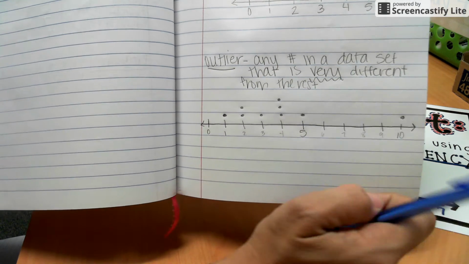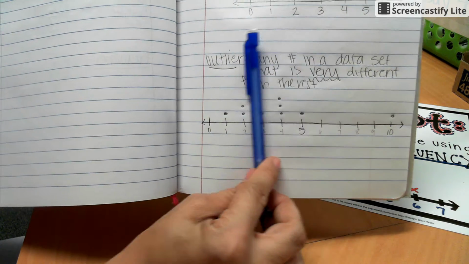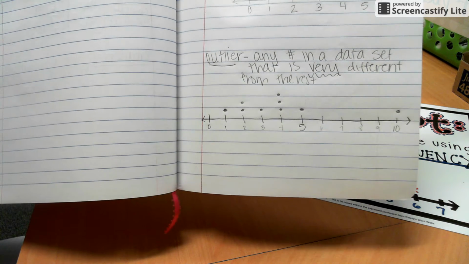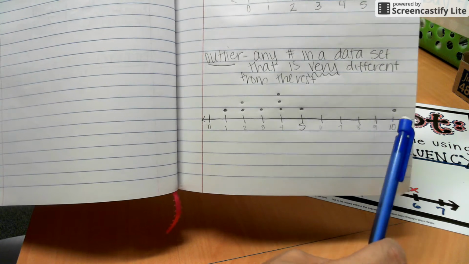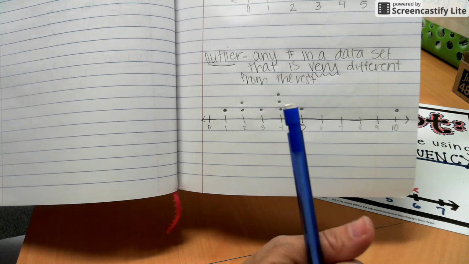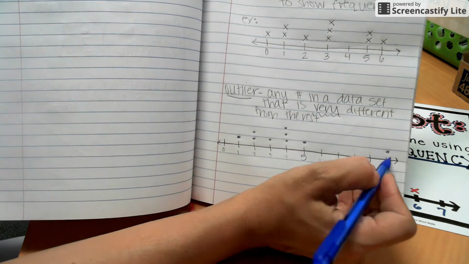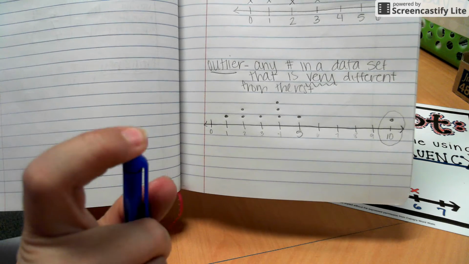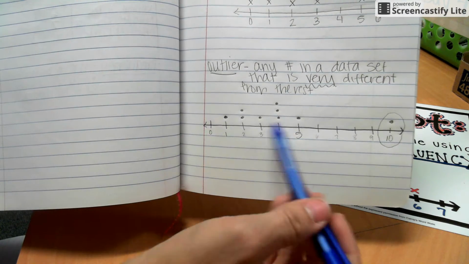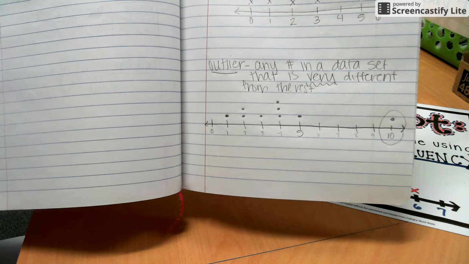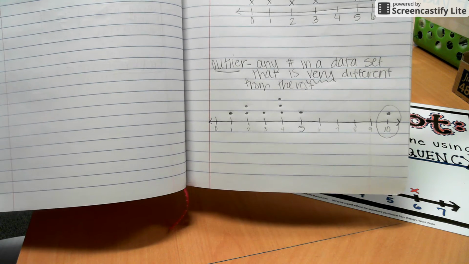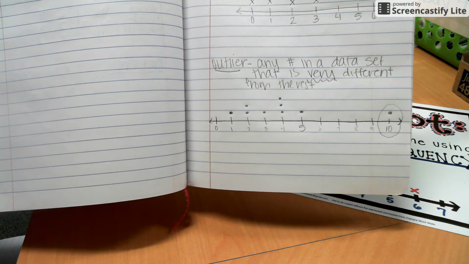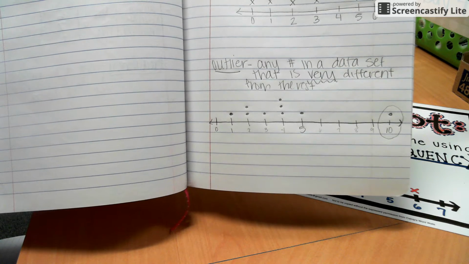This one is very different from the rest because most of my answers are covered down here. So because I have this one random one very different than the rest, my outlier is 10, because most of them are found on this side of the number line. So go ahead and make sure you have that copied down. And then we're going to go to page 158.